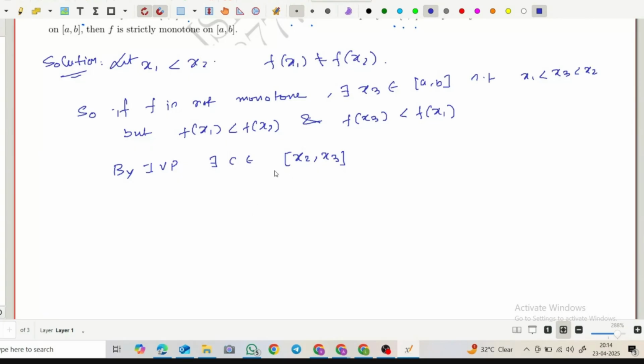Okay. So by IVP, there is a C such that f(C) is f(x1). I think it should have been, oh, so f(x1) should be in between these two, right? f(x1) is less than f(x2) and f(x1) is greater than, yeah, right.